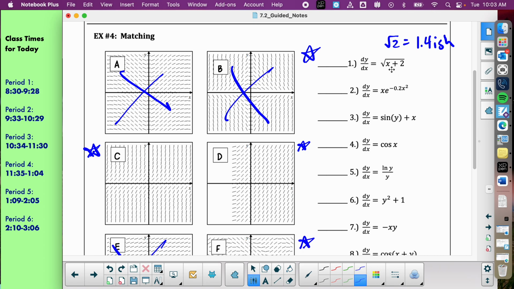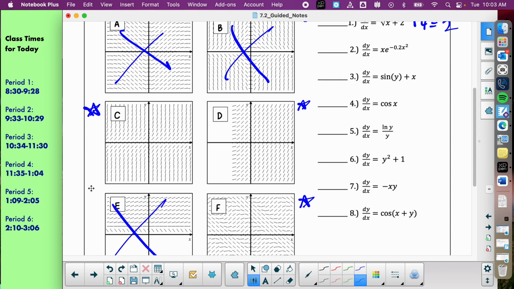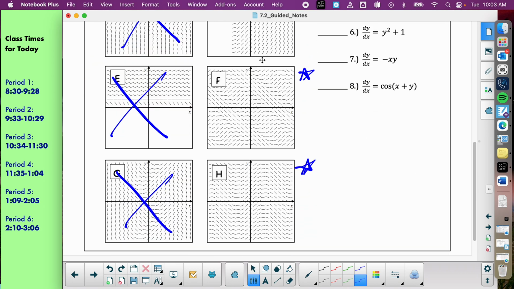So the point 2, 0 would give me square root of 4, which is 2, not even 2-ish. It's 2. This one is not it, because this one is also a slope of 1. If you look at this one, it has all the same slopes on the x-axis. So that one's out. This one we already know is the correct answer, so yeah, it fits it.